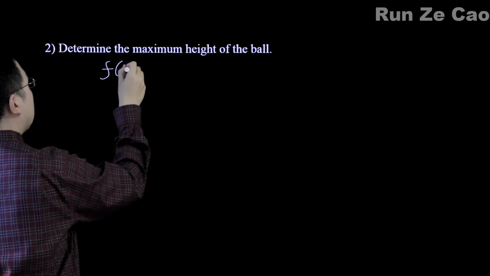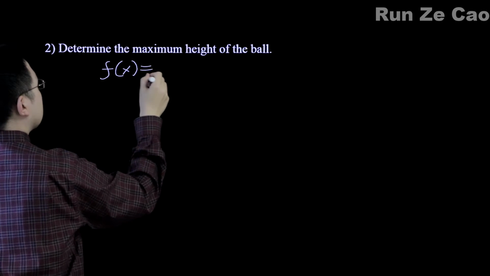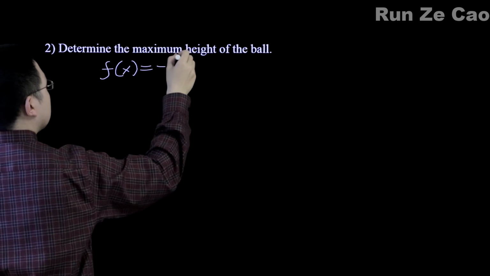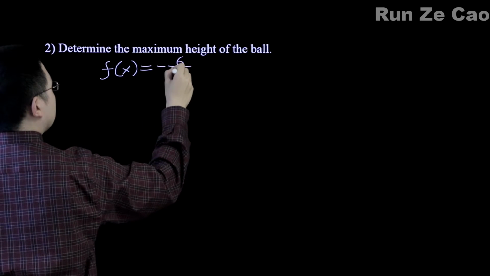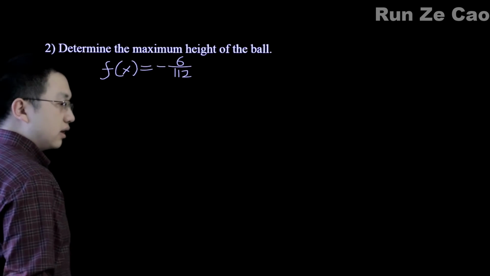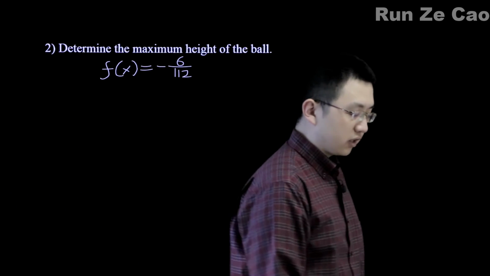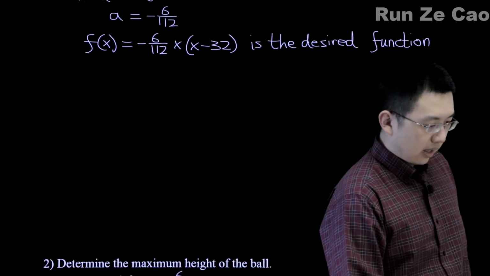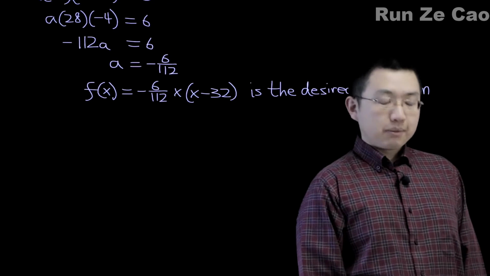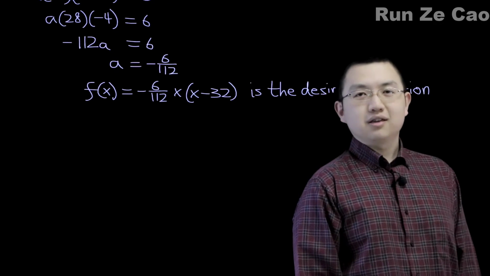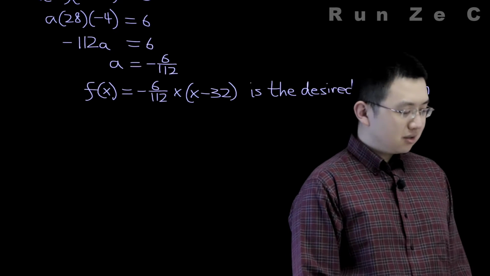So f of x equals negative 6 over 112. I mean, we could also write this as 3 over 56. And actually, quite a number of teachers might prefer we do that because lowest fractions.